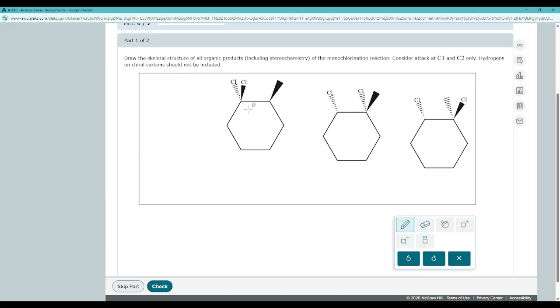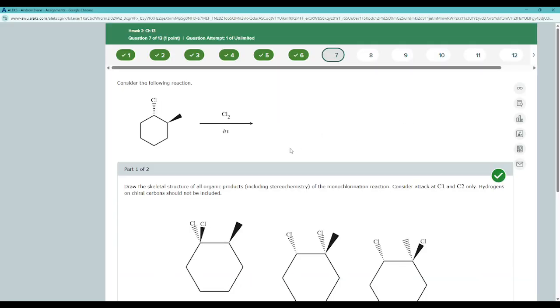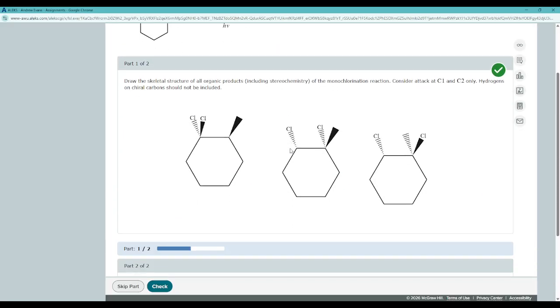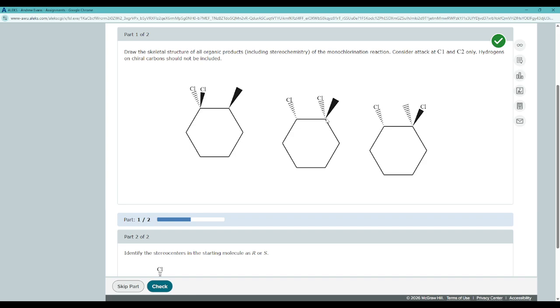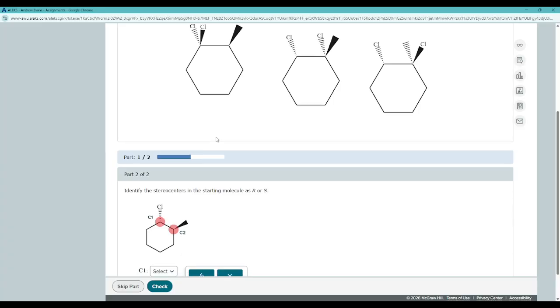Now, I'm not quite so sure about the 1-1 substituted, but I know we would get the cis and the trans. Because it goes square planar, it wouldn't really matter which side the chloride adds.